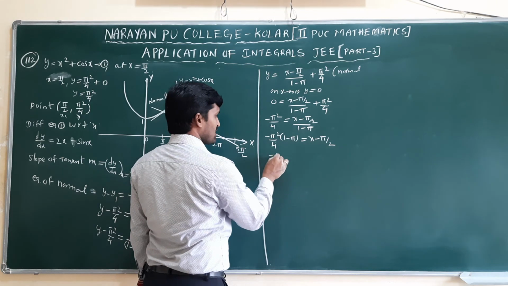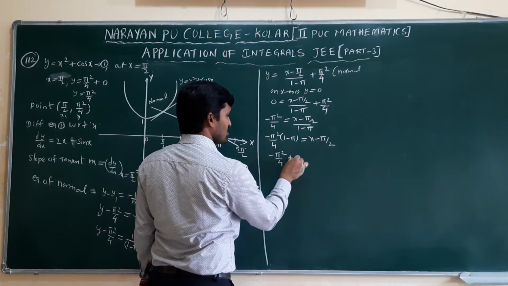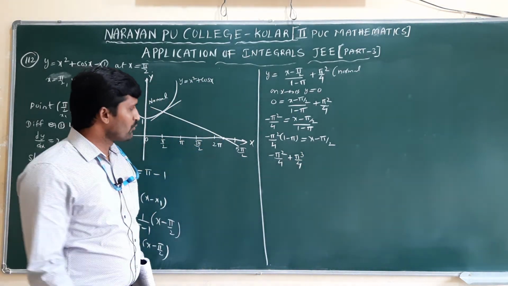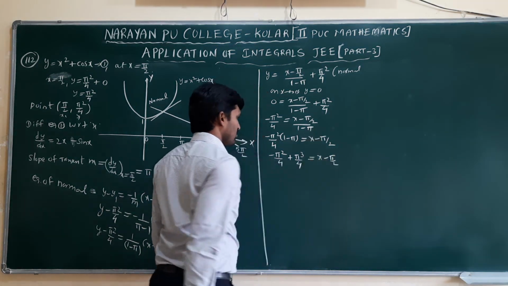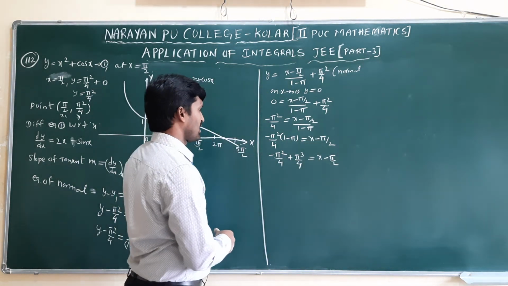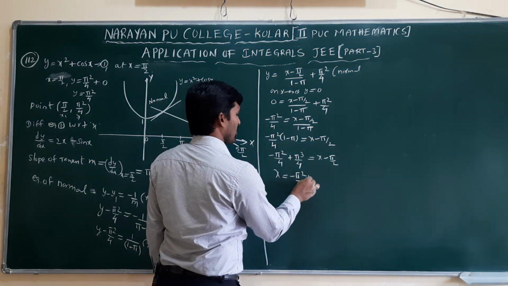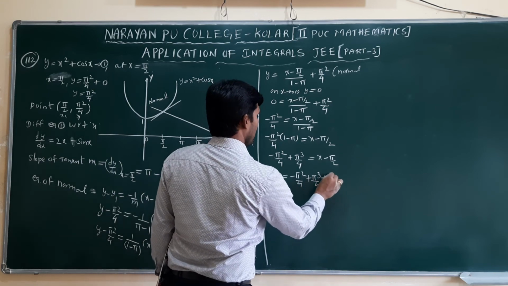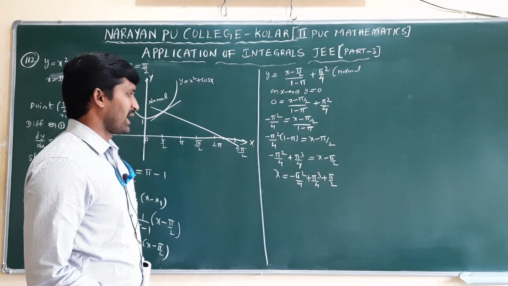Multiply inside, what will we get? Minus pi square by 4 plus pi cube by 4 equals x minus pi by 2. Sending pi by 2 to this side, x is equal to minus pi square by 4 plus pi cube by 4 plus pi by 2. This is the value, we will get the x value exactly.